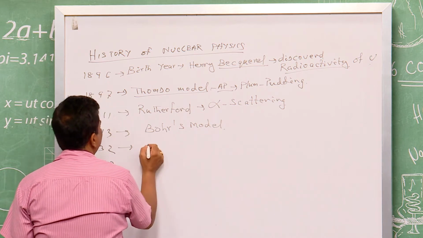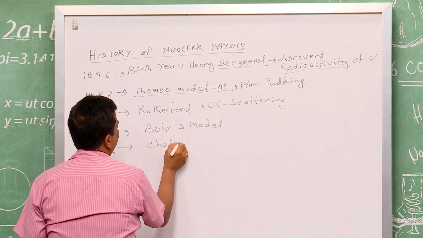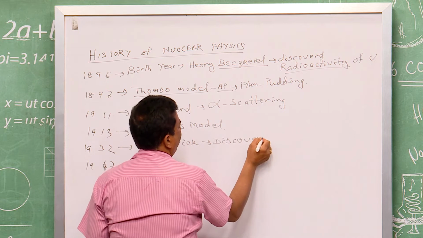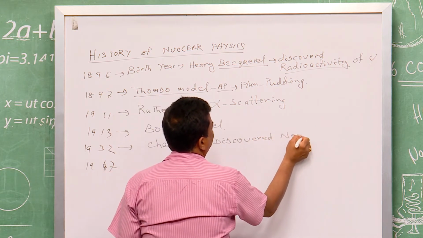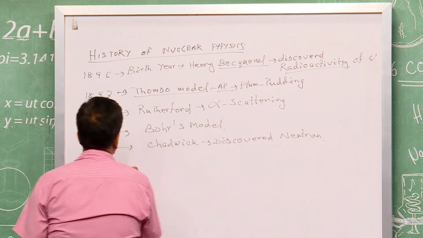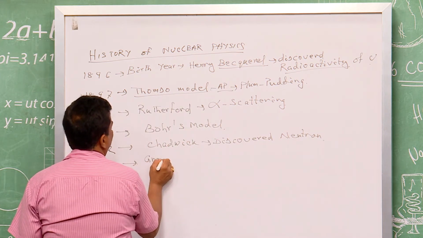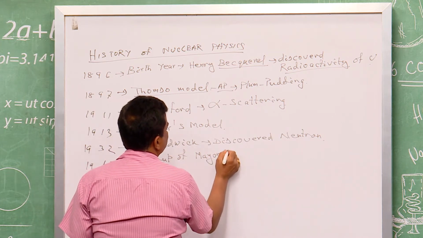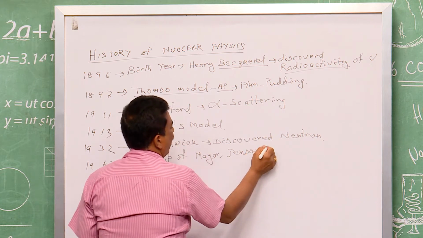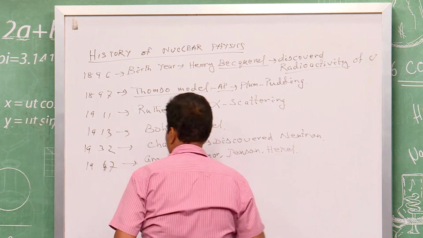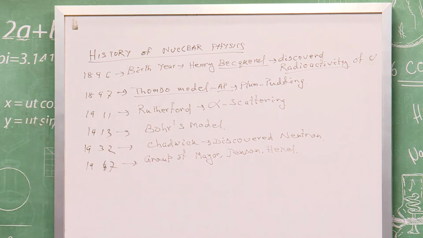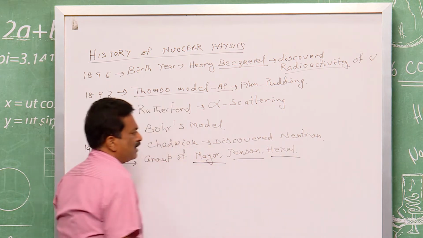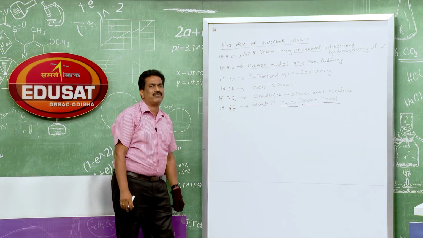In 1932, Chadwick discovered the neutron, and in 1947 a group of physicists, Mayer, Jensen, Haxel, developed the different properties of the nucleus.